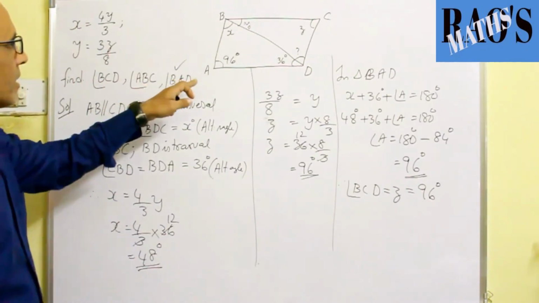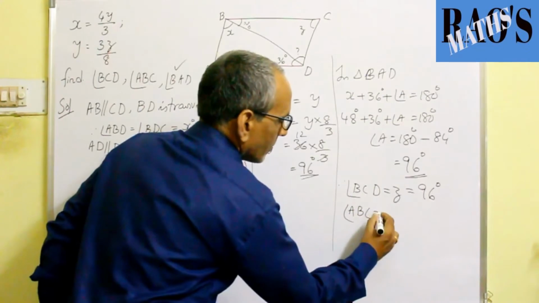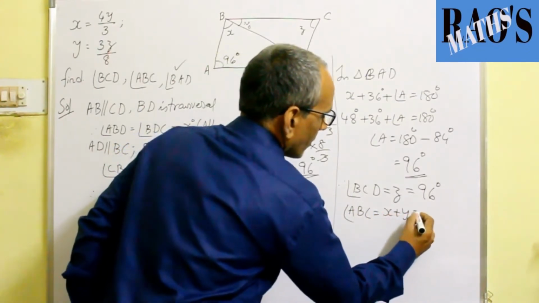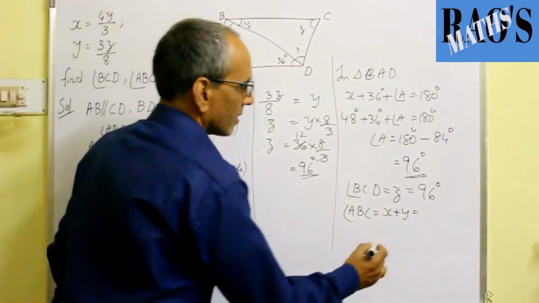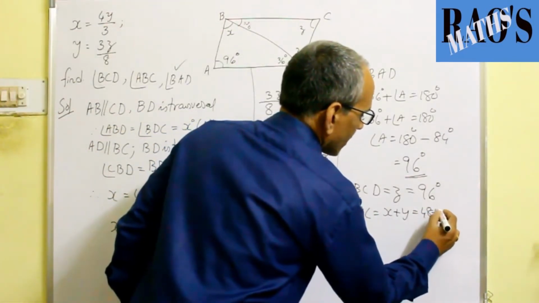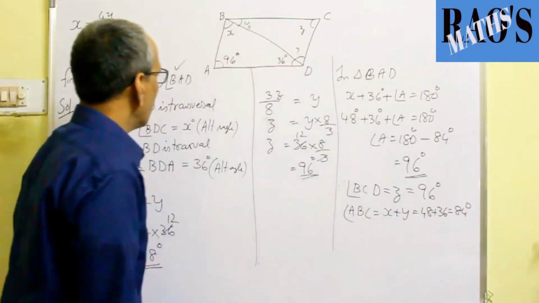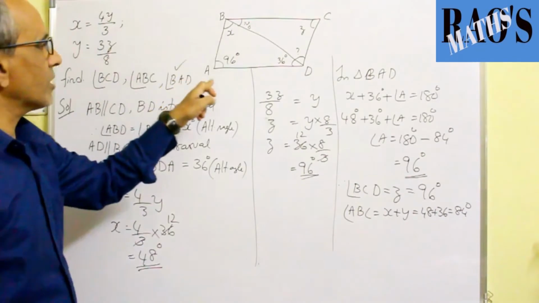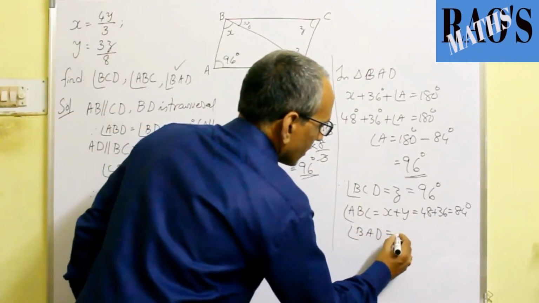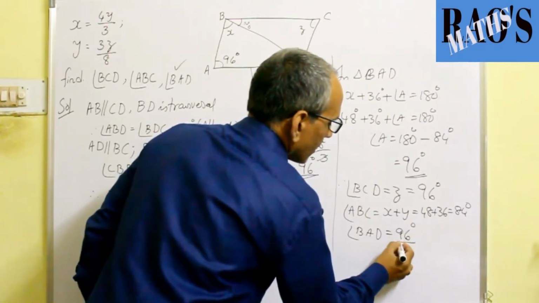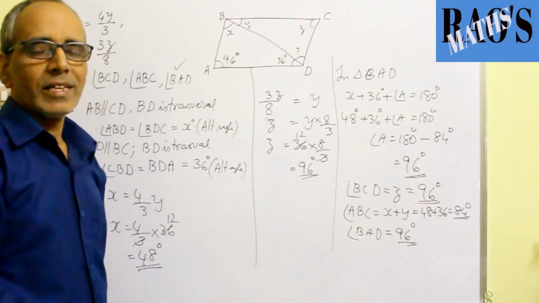And angle ABC is equal to x plus y, where x is 48 and y is 36. 48 plus 36 is equal to 84 degrees. And finally, angle BAD, we just solved. Angle BAD is 96 degrees. So we solved all the questions. It seems to be confusing, but it is very easy and very important.